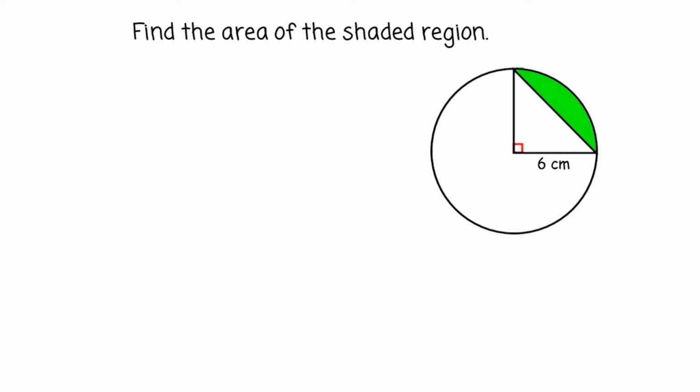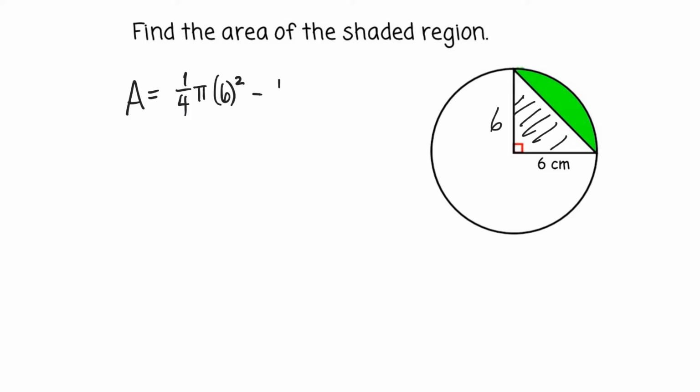Here's our first example. So I know we need to start with our sector. So area is equal to my sector, so we're talking 1/4 times pi r squared, or 6 squared. I need to subtract this triangle here that I don't want. Now notice it's a right triangle, so that means my radii are my base and my height.